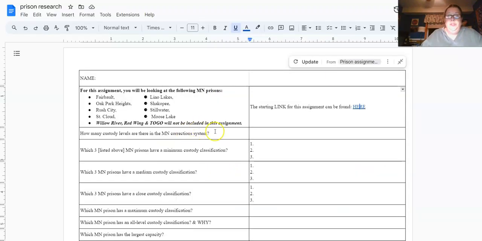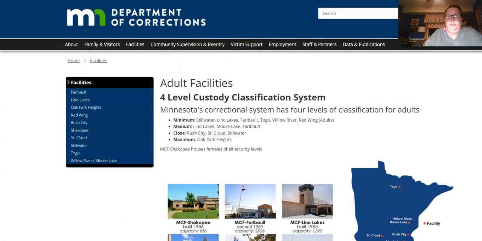The first thing on the assignment that I want to point out is that you're going to be looking at the following Minnesota prisons: Faribault, Oak Park Heights, Rush City, St. Cloud, Lino, Shakopee, Stillwater, and Moose Lake. Please be aware that you are not going to be looking at Willow River, Red Wing, or Togo. If we go back to the adult facility, those are all in here.